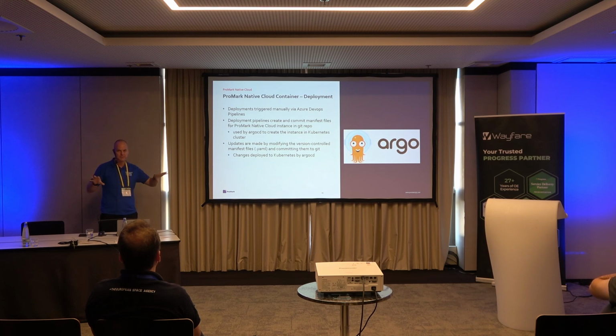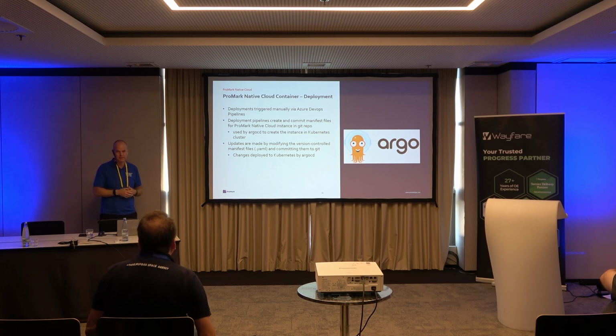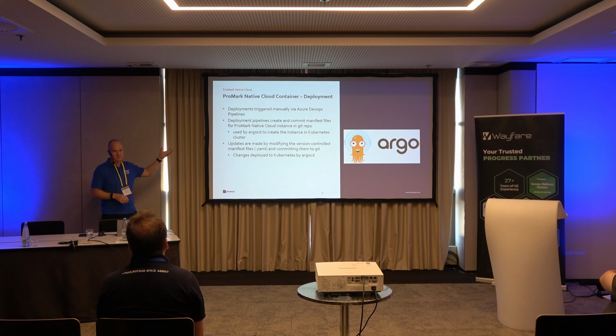So we have a full Kubernetes cluster for development, for test, and production. And these manifest files then get created in the right branch. They get picked up by ArgoCD. If it's in the test environment that I deploy something, then it'll be ArgoCD running in Kubernetes, part of our infrastructure, that will then pick up and deploy those files.